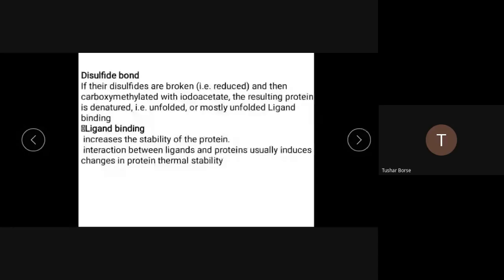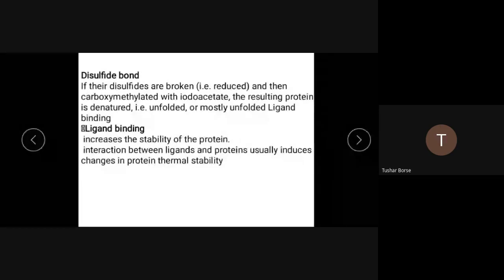Another part in protein stability is disulfide bonds. If the disulfide bonds are broken, that is reduction of disulfide bonds, and then carboxymethylation with iodoacetyl. The reduced protein is denatured, and it gets unfolded. Due to this unfolding, ligands do not bind properly.